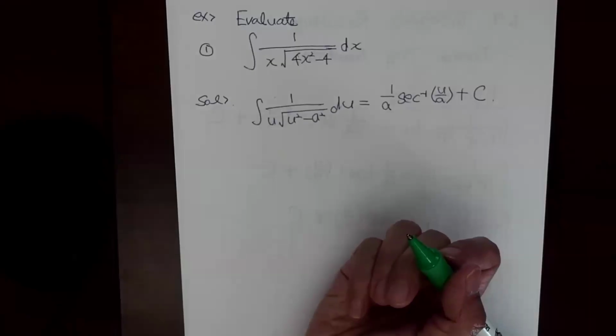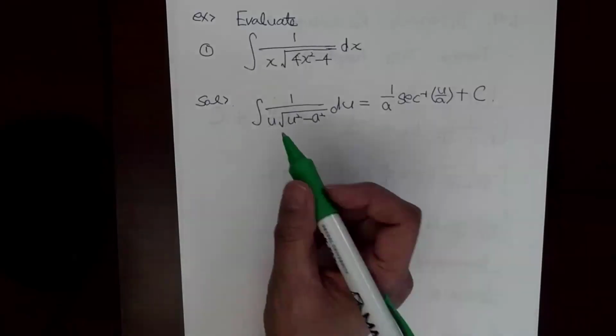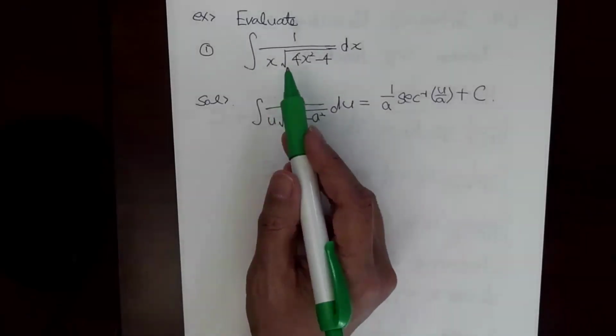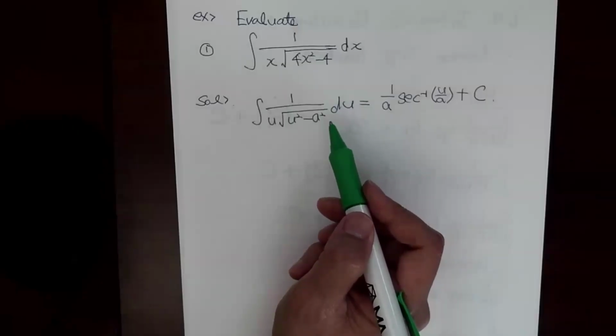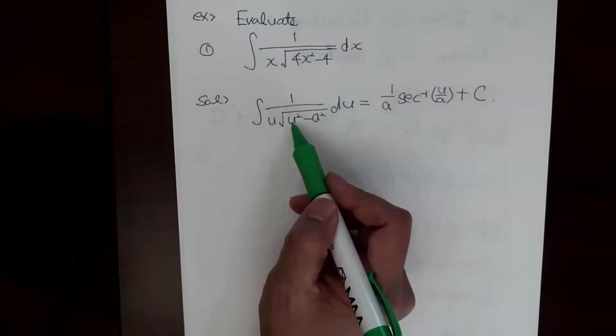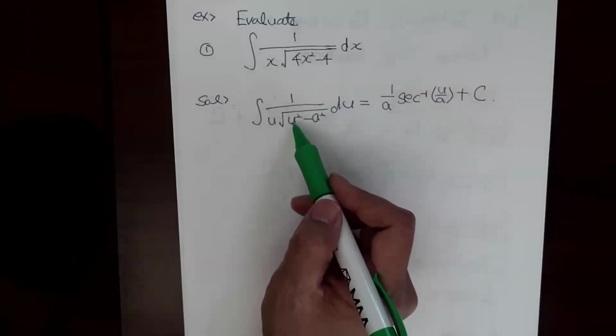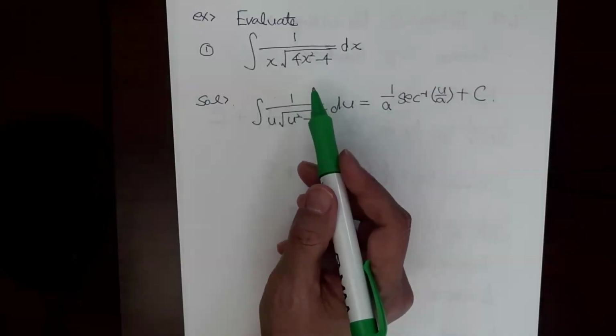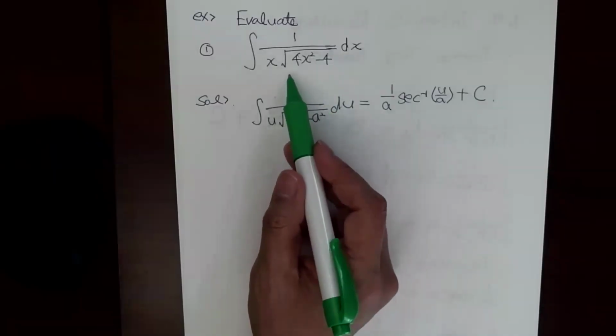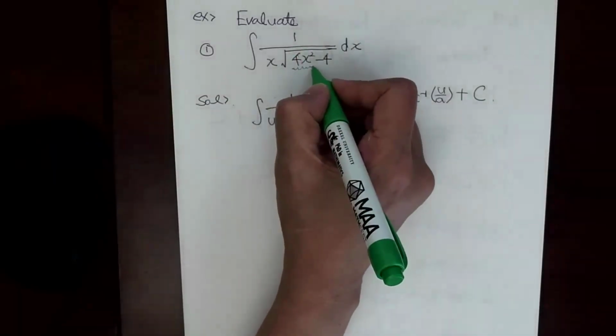So what we want to think about is we want to compare the patterns. What I told you was that there is no number in front of this variable, or even if a variable is involved, the whole thing must be written as something squared.